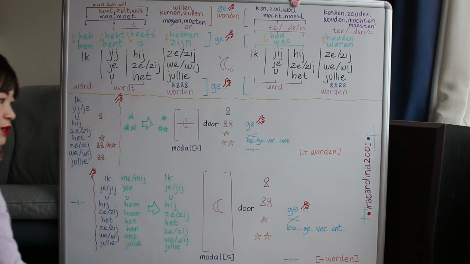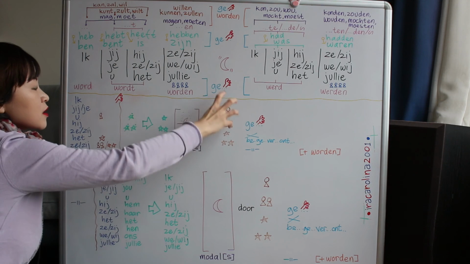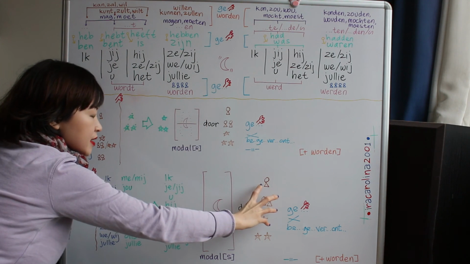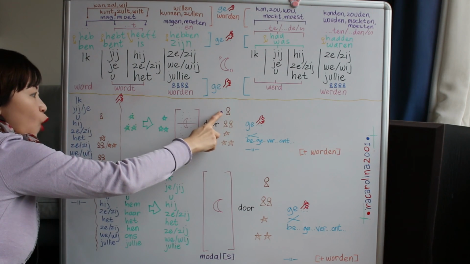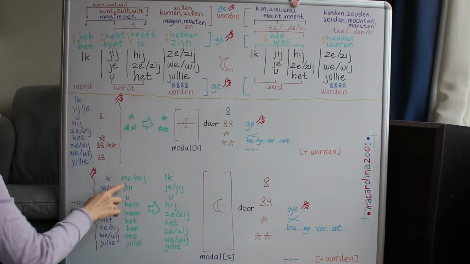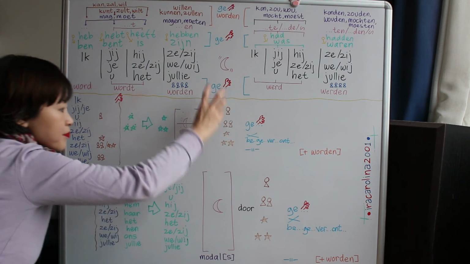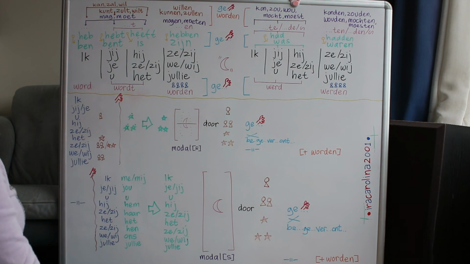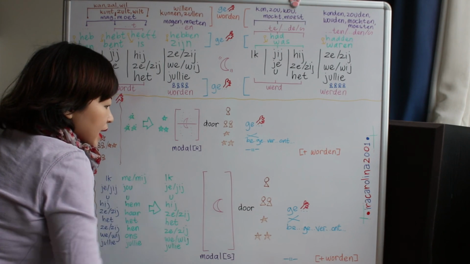Of course, this one is the same as this one, because now it stands for the object instead of the subject. It was subject and now it's object. Door, it cannot be door ik, but it becomes door me or door my. Door hem, yeah, because it's object now. And the door is by.